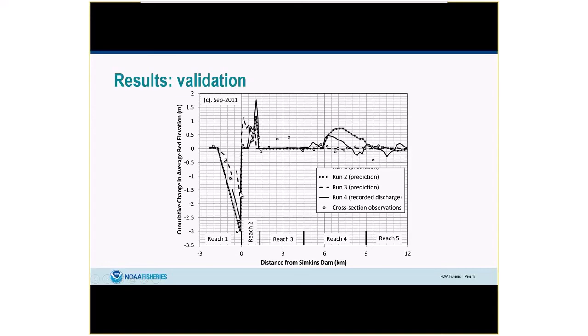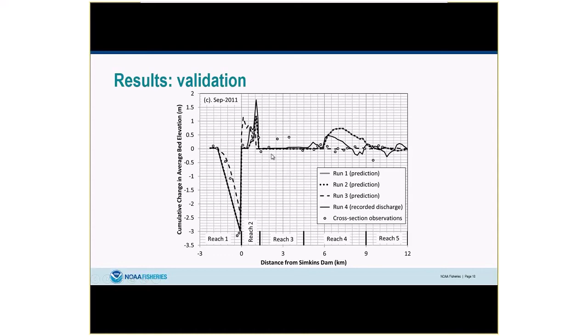By September 2011, about 9 to 10 months after removal, observations document sediment below Bloaty for the first time, and I'm pointing to those in Reach 3 on slide 18 right now. I'm circling them with my cursor. Tropical Storm Lee in early September 2011, which was an approximately 10-year event, eroded more sediment from the Simkins impoundment, and it also excavated Simkins sediment from the Bloaty impoundment, and it moved that material downstream for the first time.